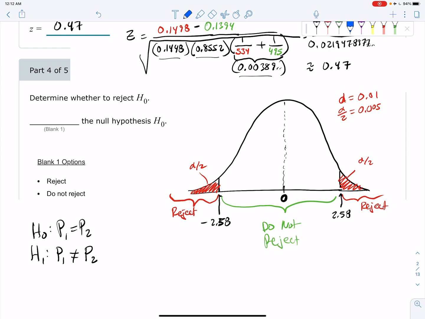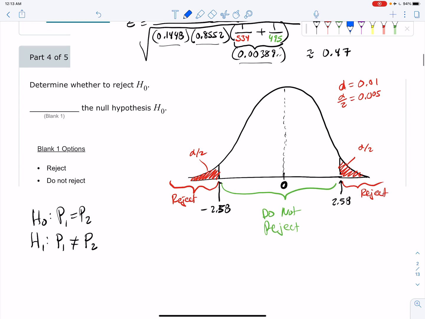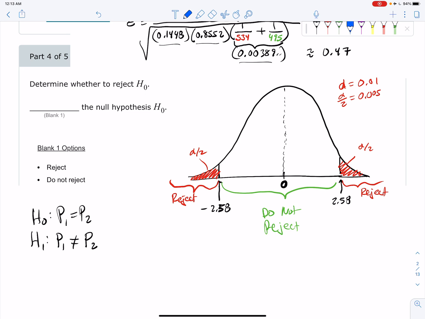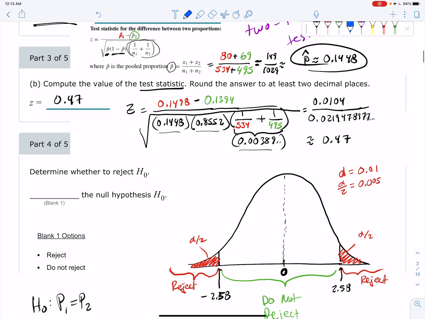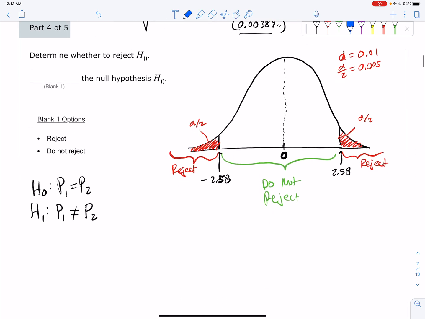So I guess the philosophy here is that as we take samples, we're trying to make a statement about whether the weights differ. The amount of overweight boys compared to the overweight girls, is it the same or does it differ?